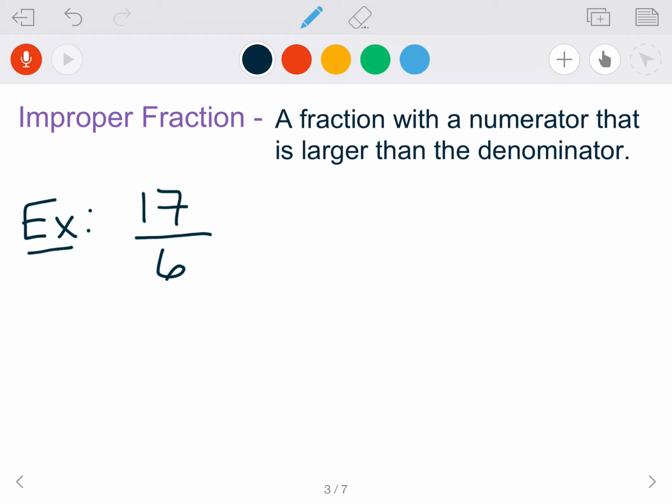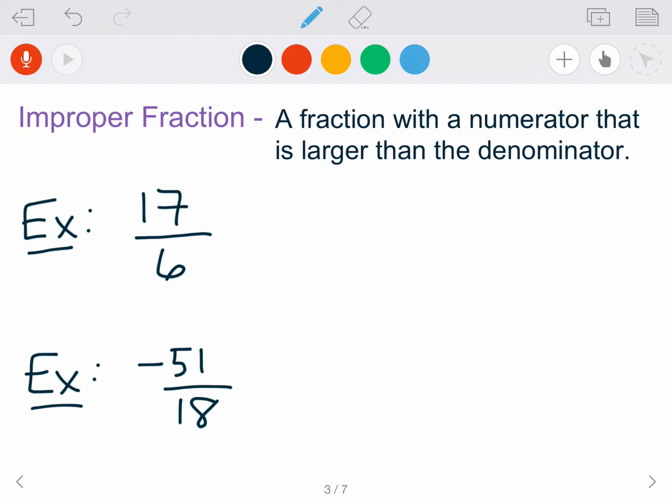That works. That's an improper fraction. And just like mixed numbers, improper fractions can be negative as well. For example, maybe we have a denominator of 18 and a numerator of 51. That's an improper fraction. If you make it negative, it is still an improper fraction.